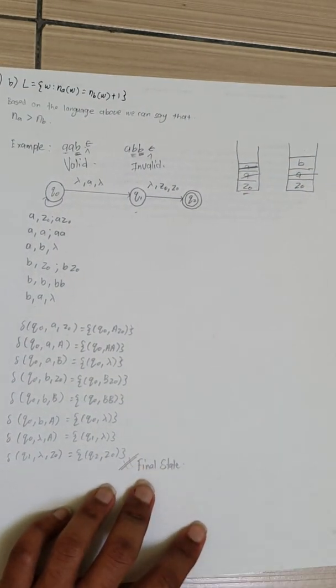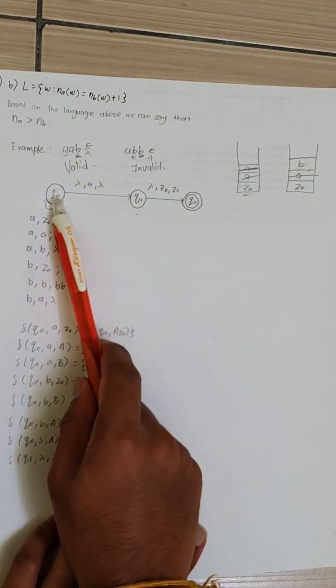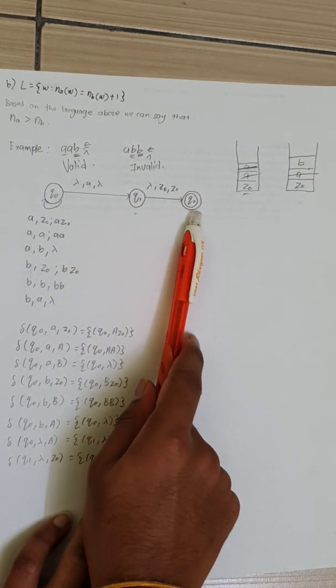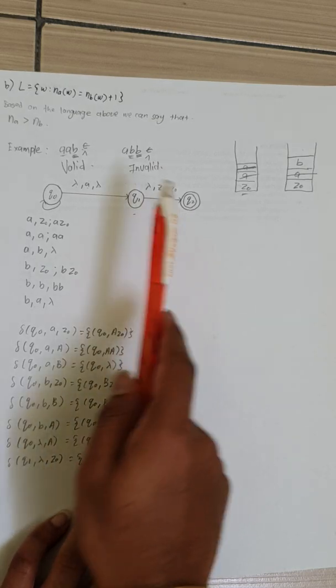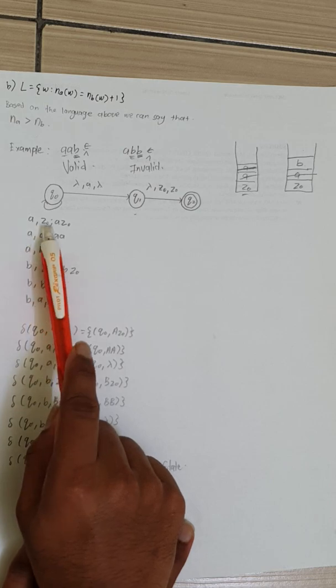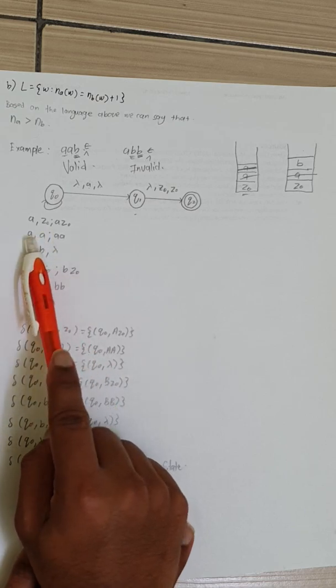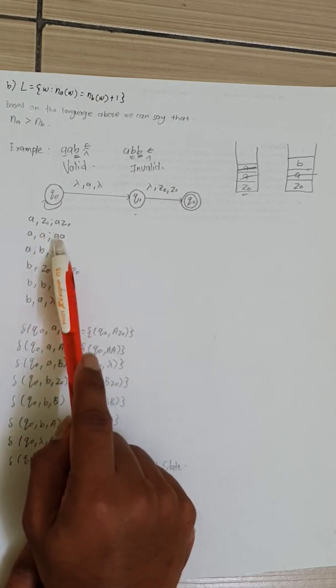Okay, so this is my transition graph. This is my Q0 state, Q1 state, and Q2 state. Whenever A is scanned and our topmost symbol is Z0, it becomes A Z0, and when A is scanned and the topmost symbol is A, it becomes AA.